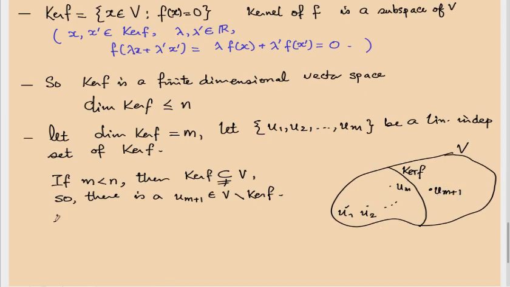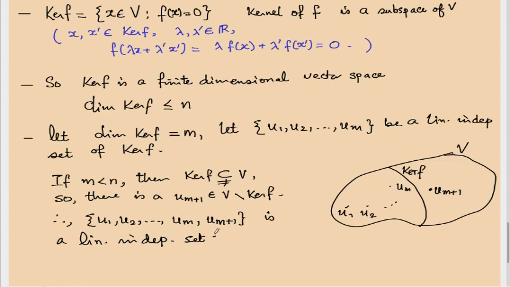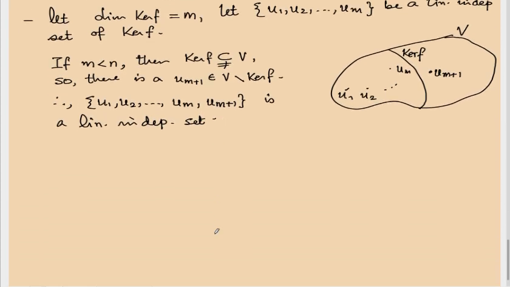So therefore u1 to u m plus 1 is a linearly independent set. And I can carry on like this, at its stage, in n minus m steps.